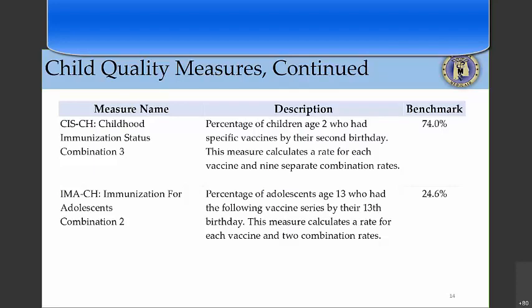Immunizations for adolescents is described as the percentage of adolescents ages 8 to 13 who had the following vaccine series by their 13th birthday. This measure calculates a rate for each vaccine and 2 combination rates. The benchmark is 24.6%.